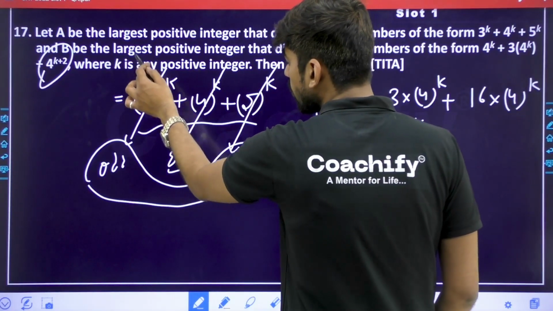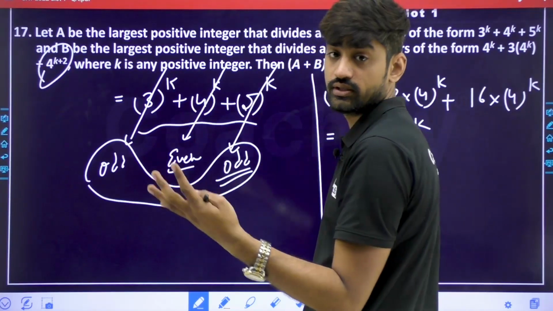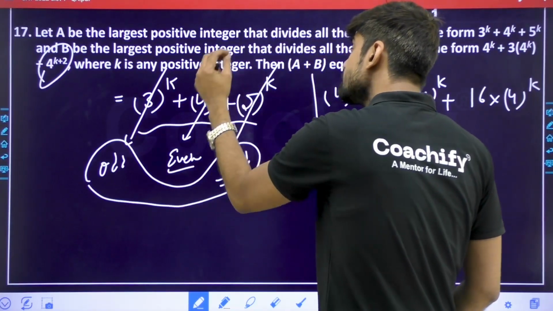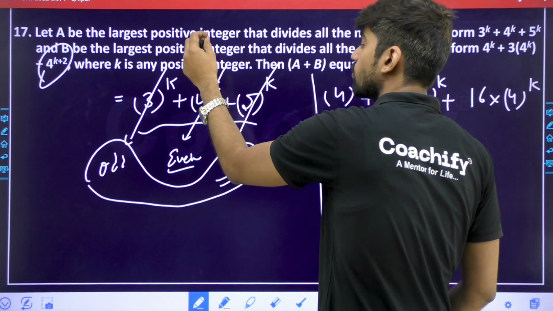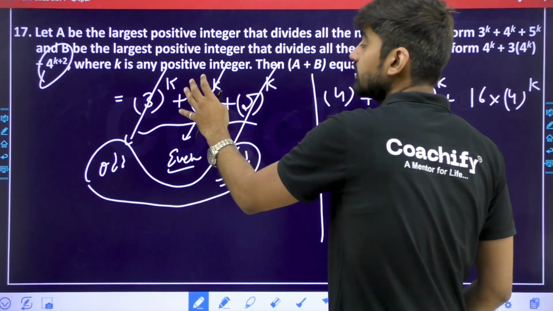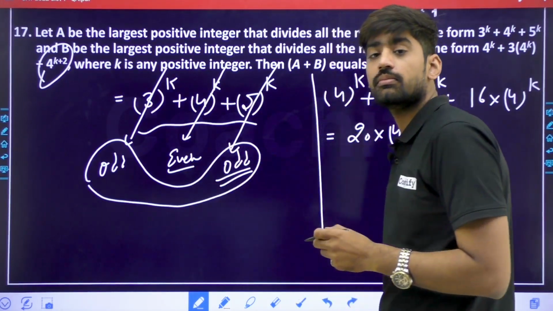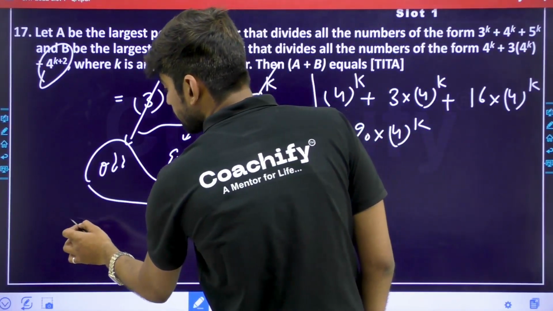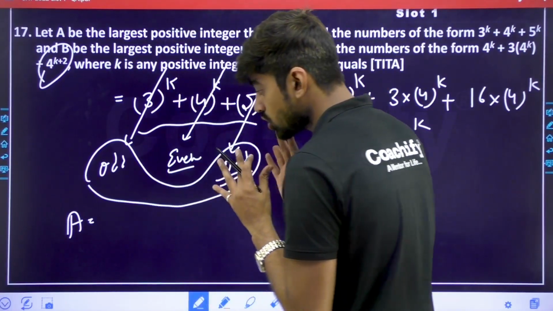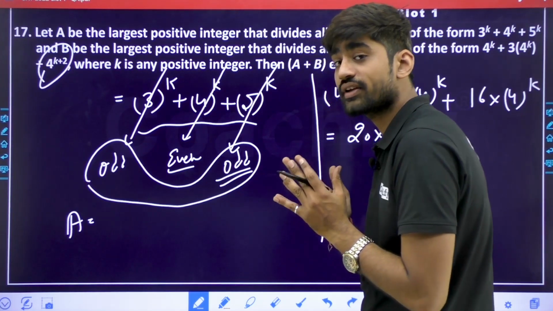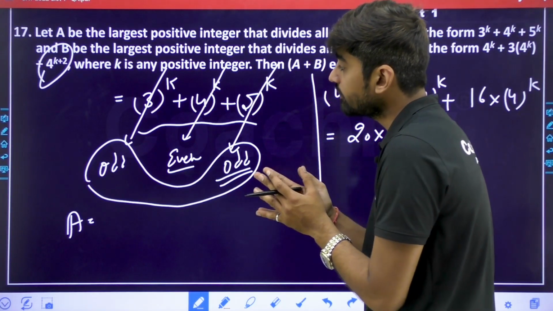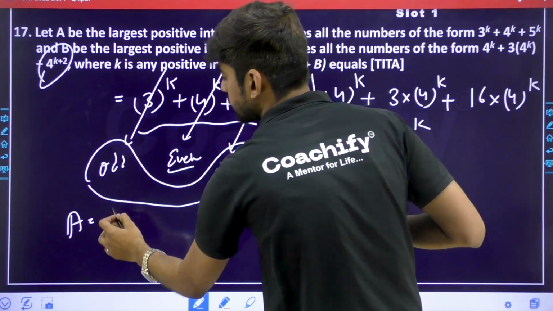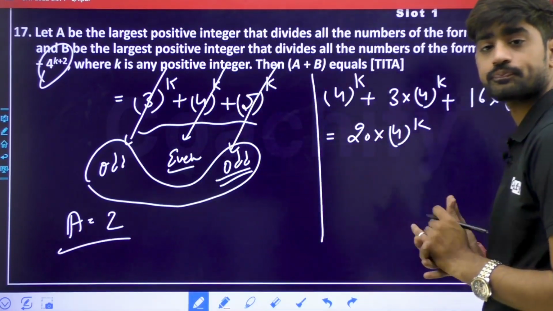That means this will always come out as even. Now if you take the smallest possible value of k equal to 1, this result is always divisible by 2. That means the largest possible value of a that ensures it will always divide this expression is a equals 2.